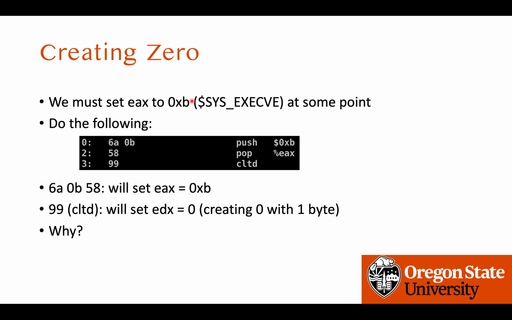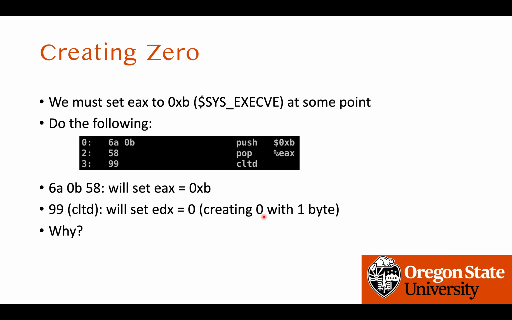And to do that, try the following. For example, push 0xb, pop EAX, and this will set EAX as 0xb. And then running this instruction, CLTD, which is opcode 99, just 1 byte, will set EDX as 0.